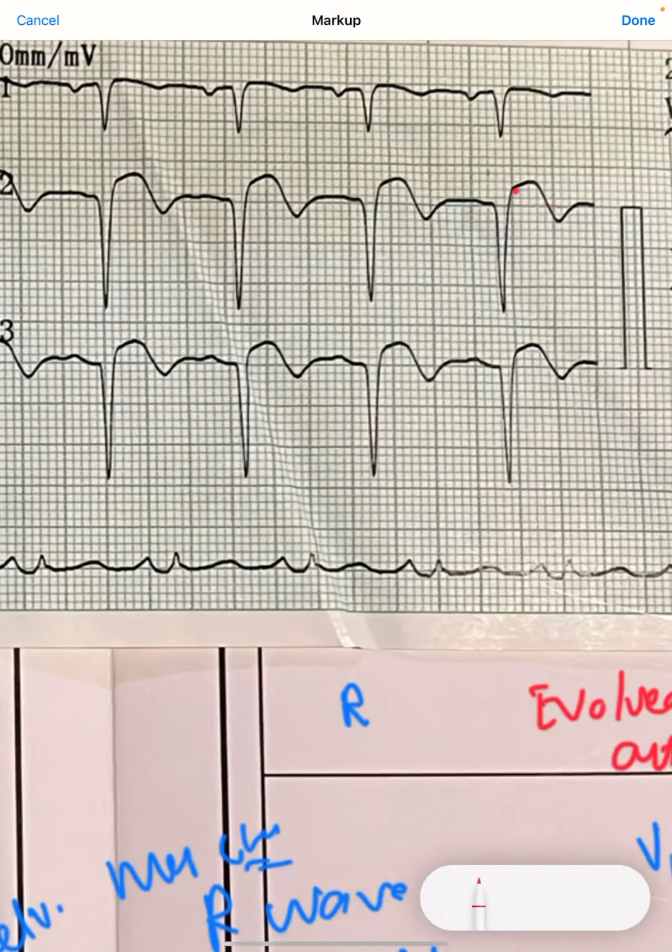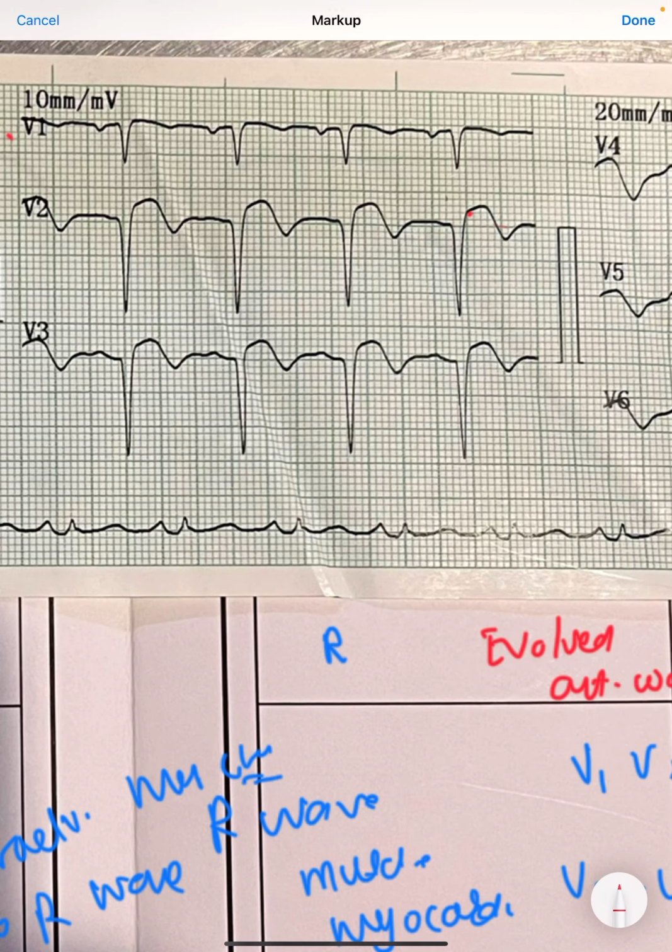In that instance, if the patient has a biphasic T, which looks positive first and then negative, this type of typical wave is called Wellens T. But for that, the patient should not have an acute or evolved MI. In that instance, this type of T is called Wellens T, and it suggests proximal left anterior descending artery blockage or thrombosis.